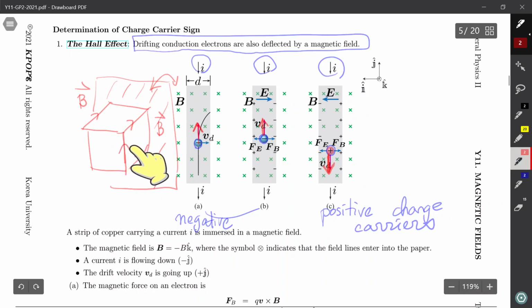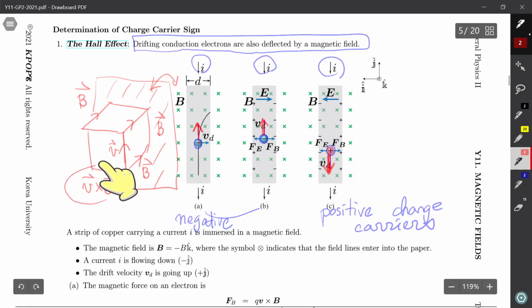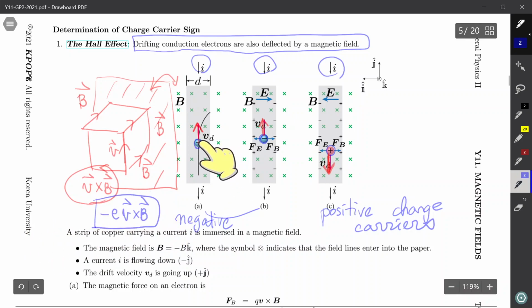V cross B, this direction is V cross B. Because it is V cross B, the electric charge minus e times V cross B is the magnetic force on this negative charge.